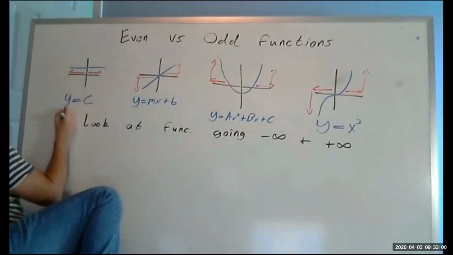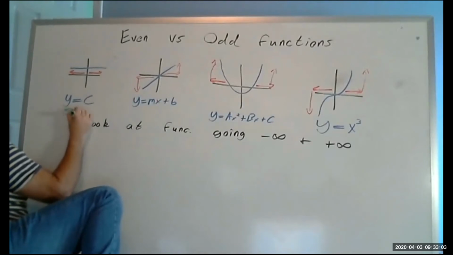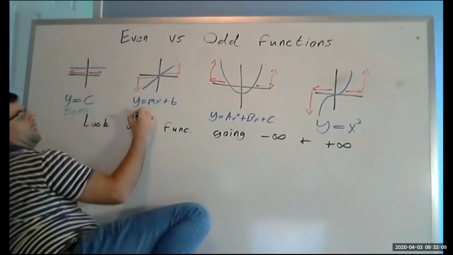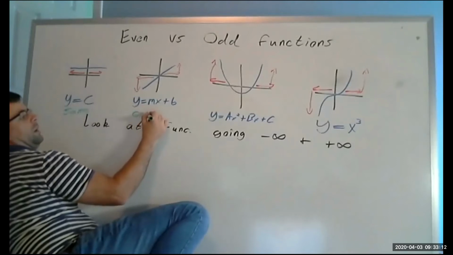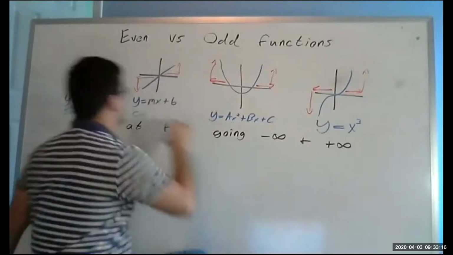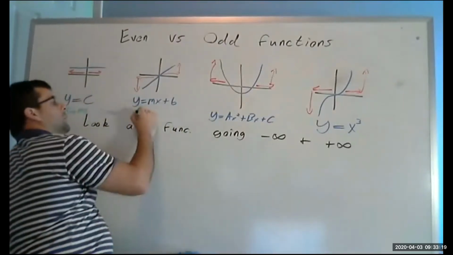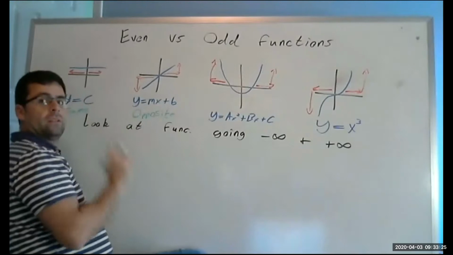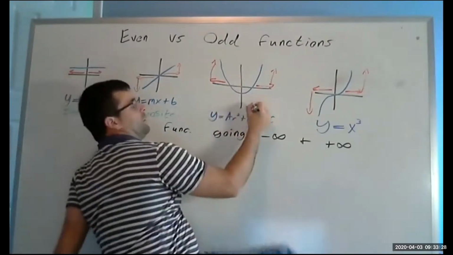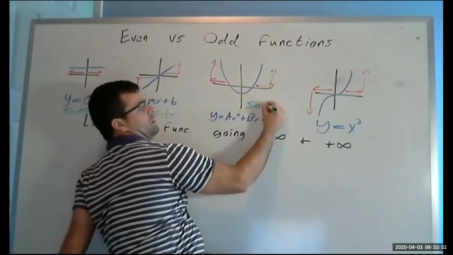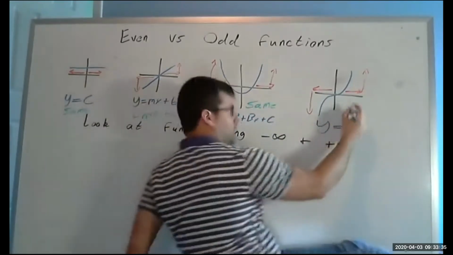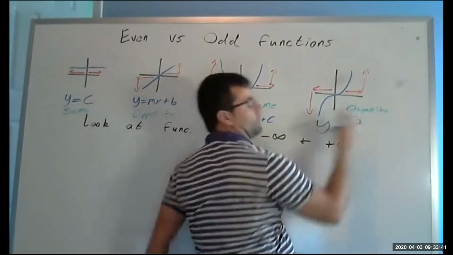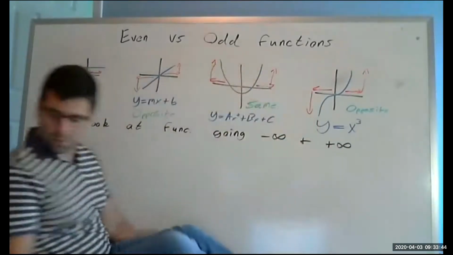So we look at what the two end behaviors are relative to each other. So this one, they're both doing the same thing. This one, they're doing opposite. This one, they're doing the opposite. This one, they're doing the same. And this one, they're doing opposite. Okay.